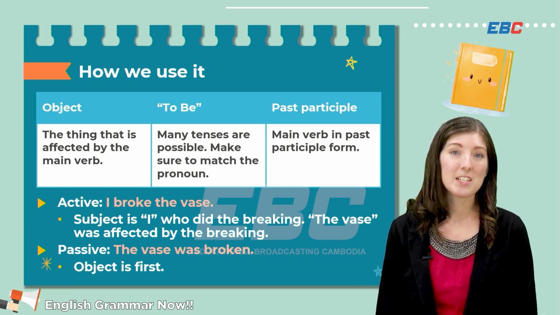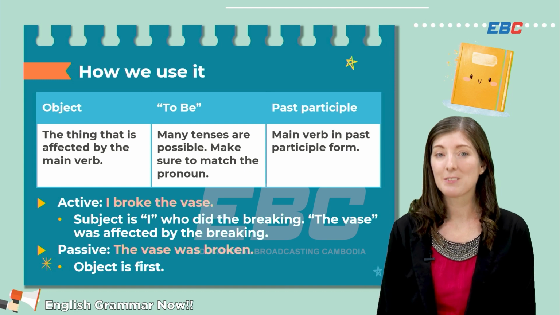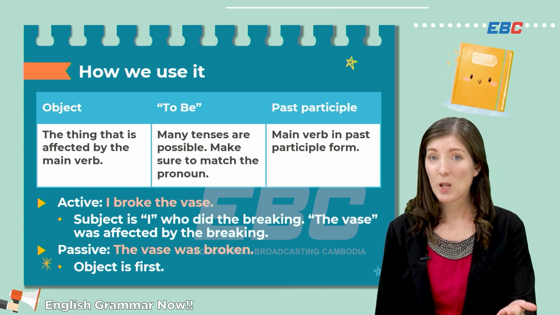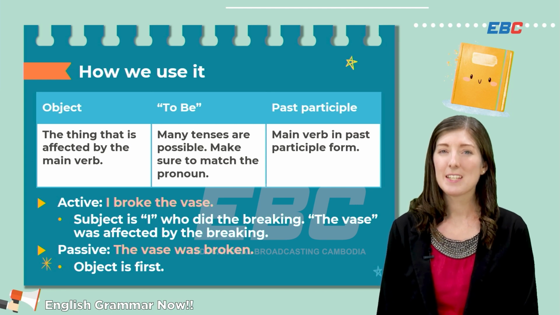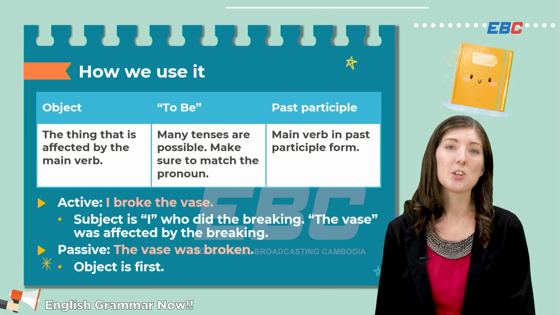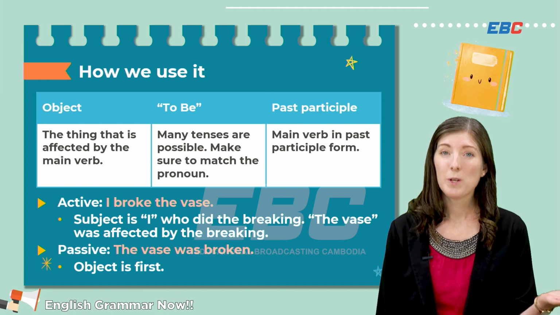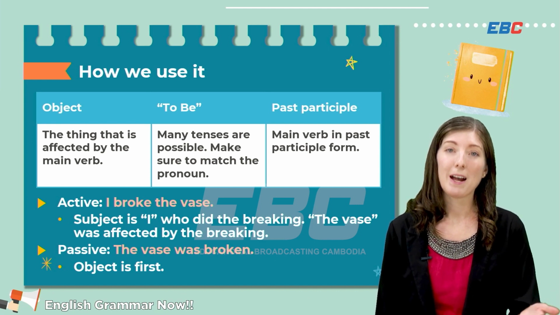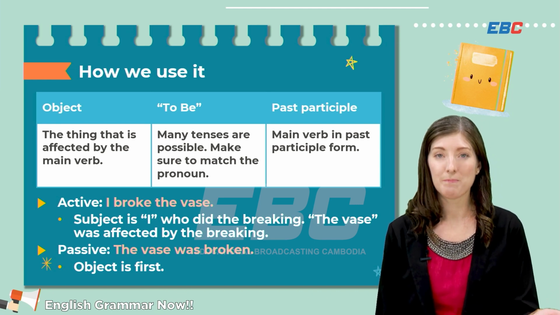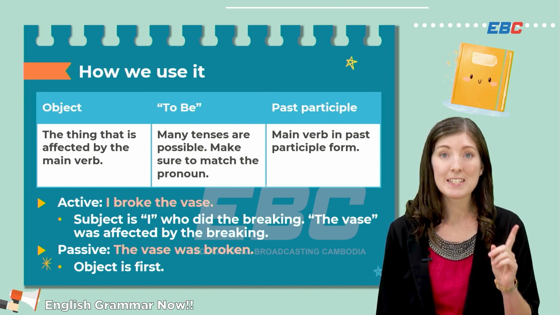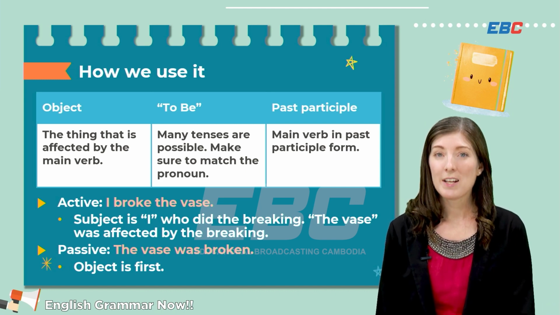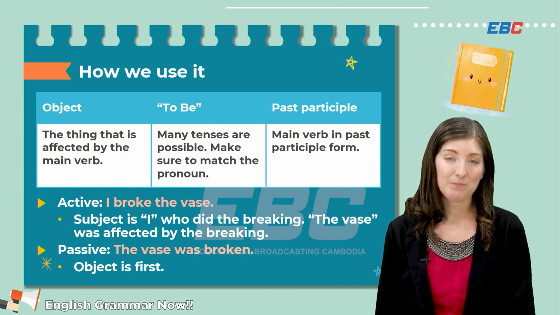We can turn this into a passive sentence by saying, the vase was broken. You can see that because this is a sentence talking about the past, we use the to be verb in the past tense, was. And because it's a singular thing, one vase, we can use was and not were.